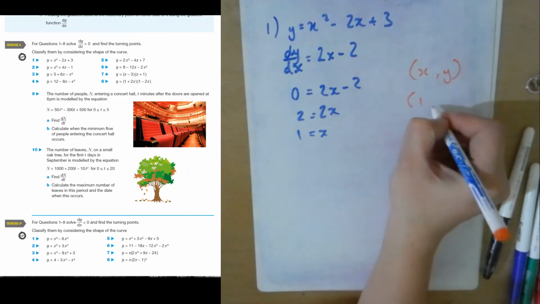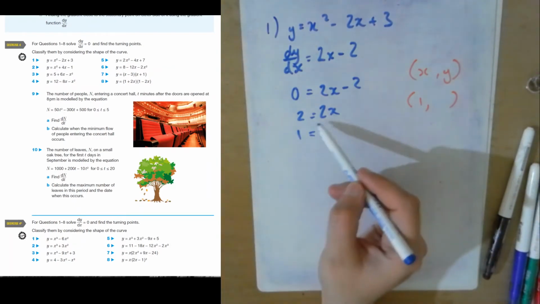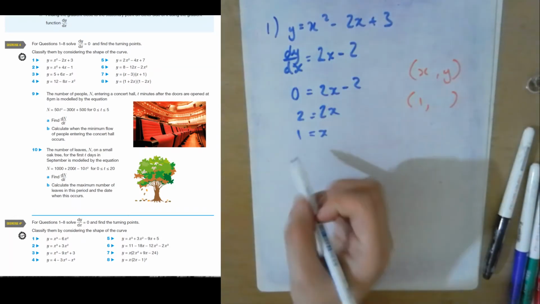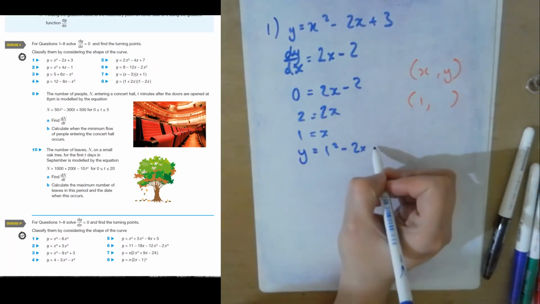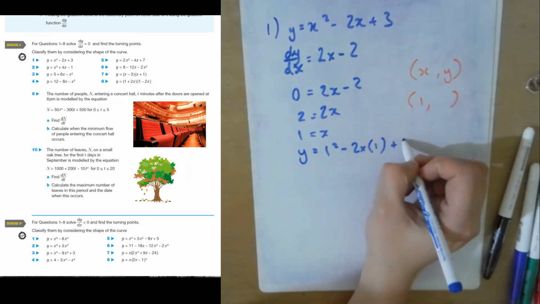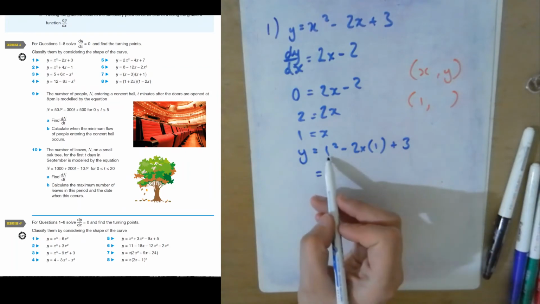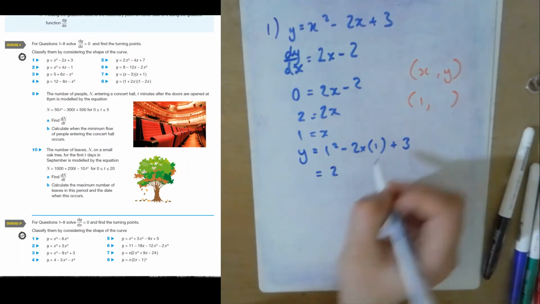So if x equals 1, what's my y? You actually need to work out what your y is. So get this x value and pop it back into this equation. So y is 1 squared, take away 2 times 1, plus 3. That's 1 take away 2 plus 3. So that's negative 1 plus 3, which is 2.